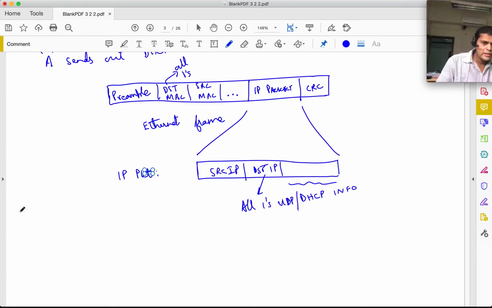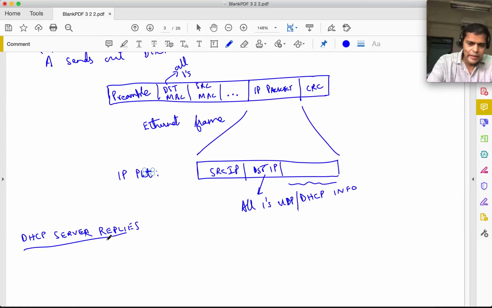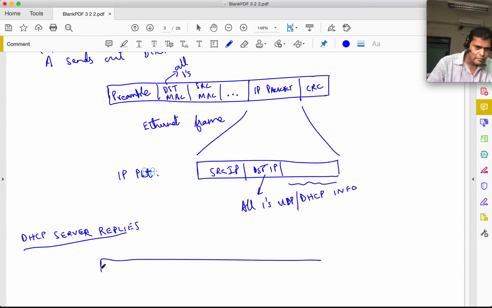So what does the DHCP server reply with? It should send out a packet back to A. So let's look at the frame.